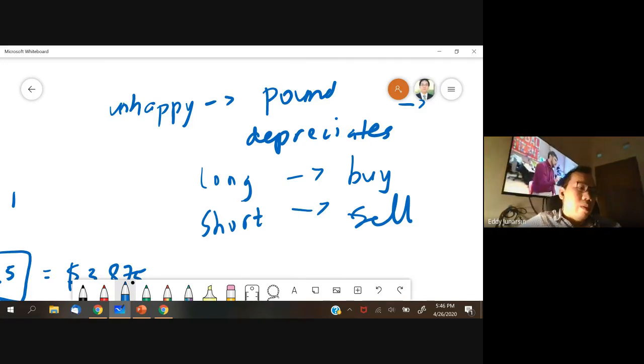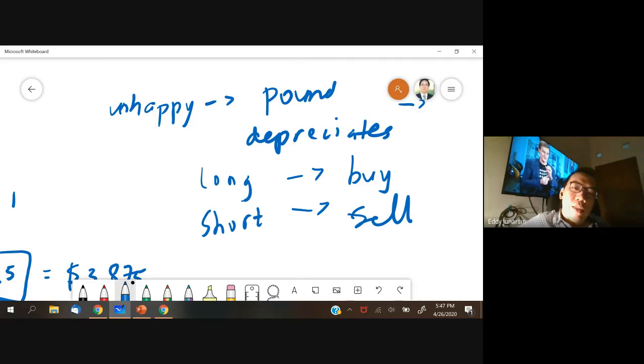So if you come to the derivative market as a hedger, someone who is doing hedging activity, actually you don't need to analyze anything. You just need to determine your interest and your position of interest.